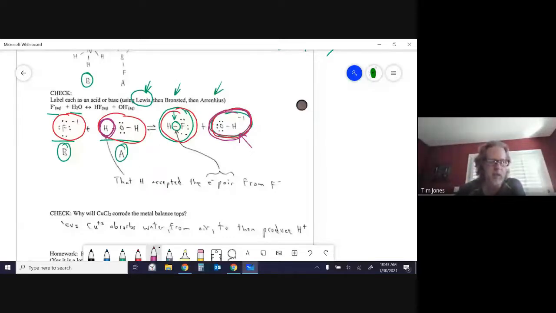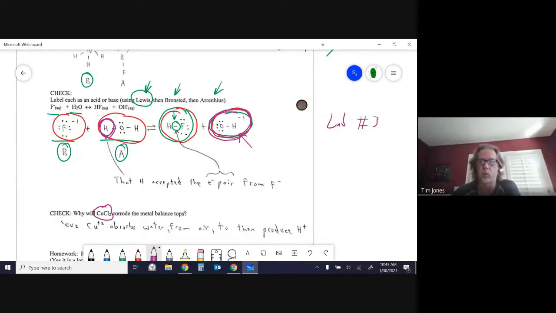Now I like to ask this question: why does copper 2 chloride corrode the metal balance top? On our balances, we have pretty good balances, and the top that you actually put stuff on is made of metal. And we do a lab in first year chemistry, it's lab number 3.